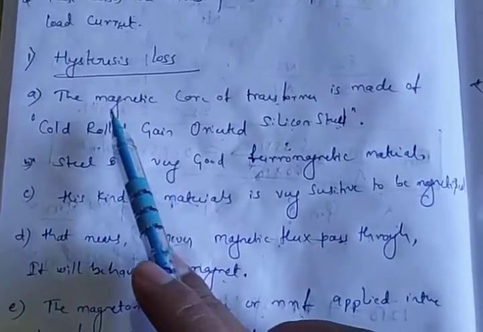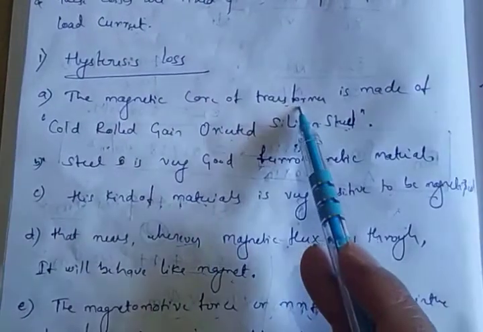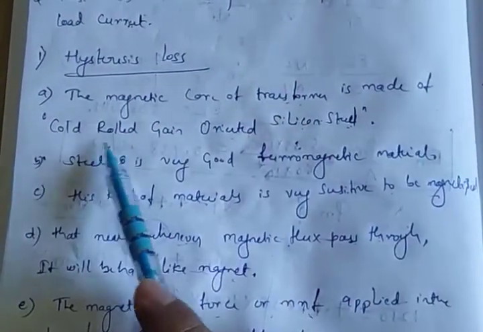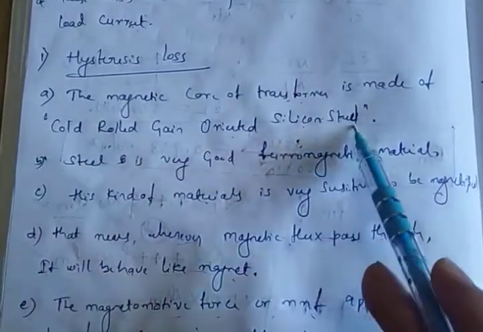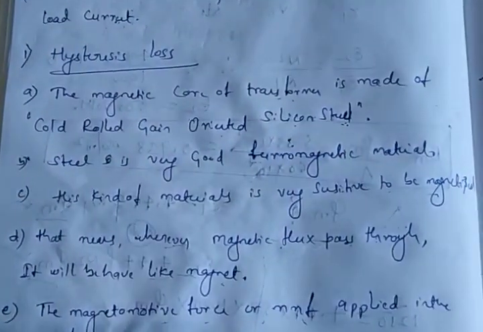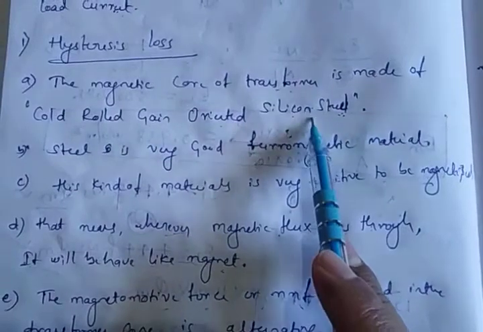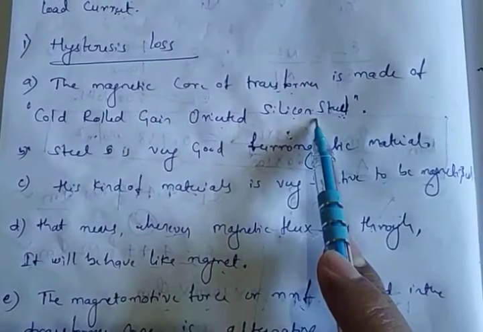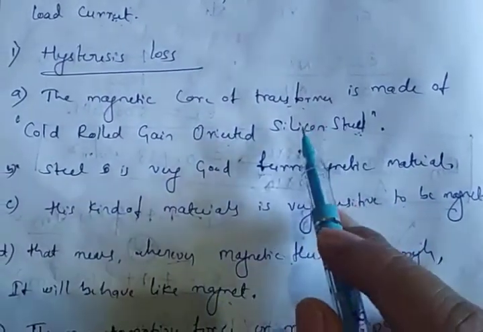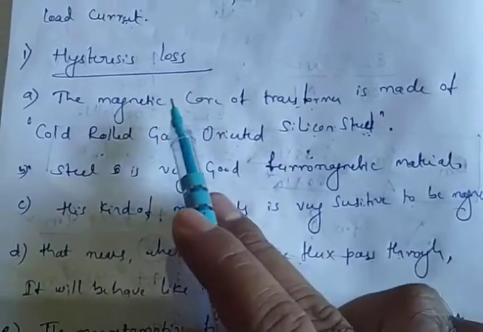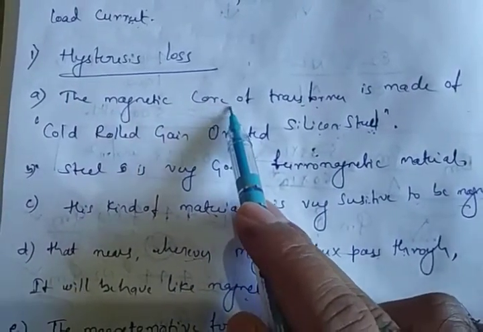The magnetic core of the transformer is made of cold rolled grain oriented silicon steel, or we can call it high grade silicon steel. This high grade silicon steel is used in the core of the transformer and its design.